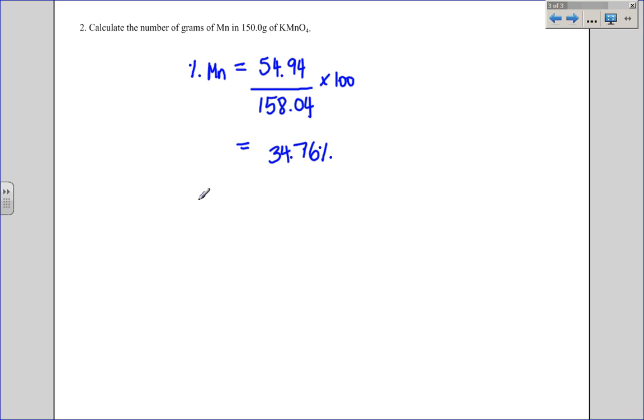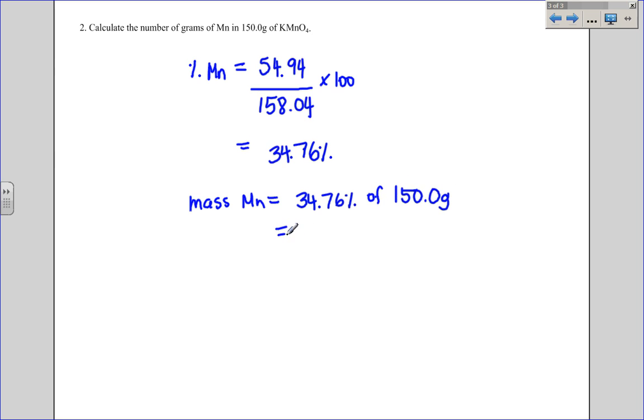So therefore, to find the mass of manganese, I need to find 34.76% of 150 grams.